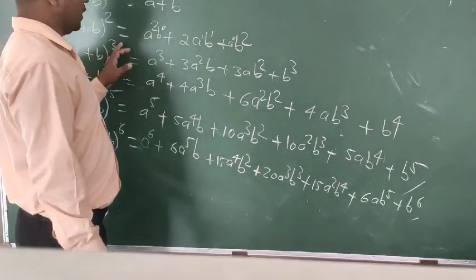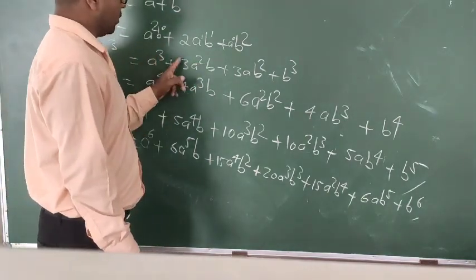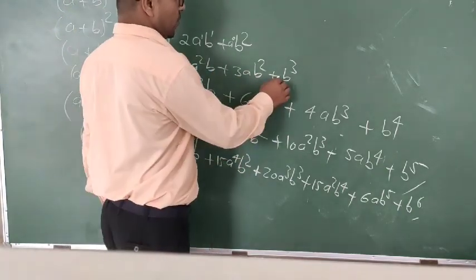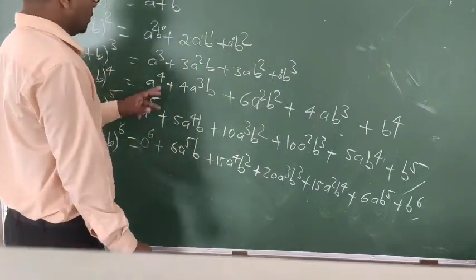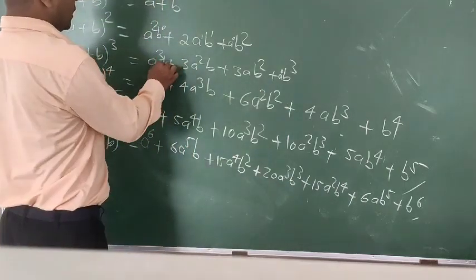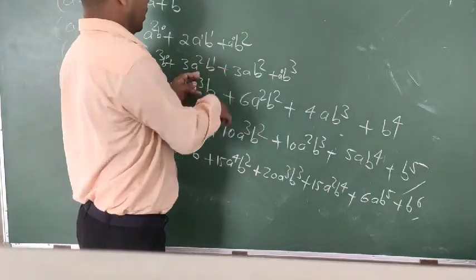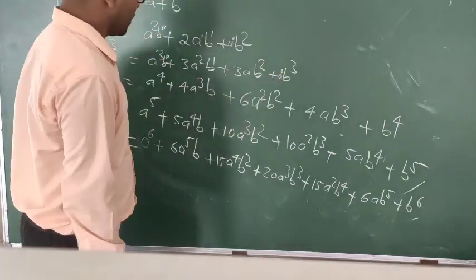So (a + b)^3, just the powers of a we are decreasing. a^3 was here, a^2, then a^0. In the same way, b^0 here, and just the power of b we are increasing, b^1, b^2, b^3.